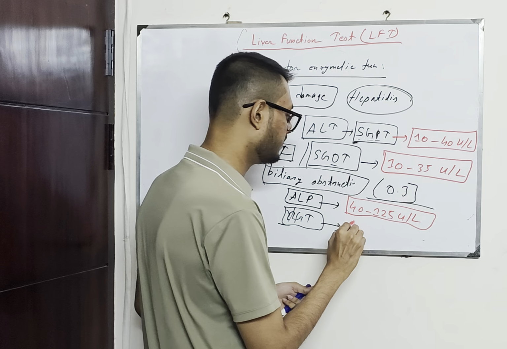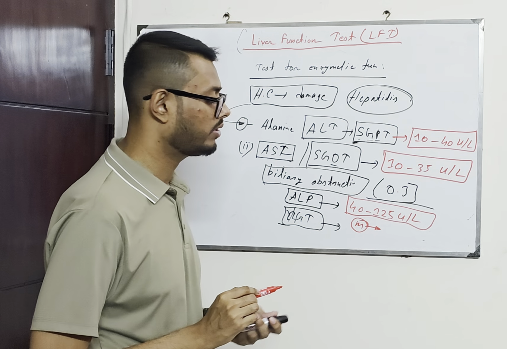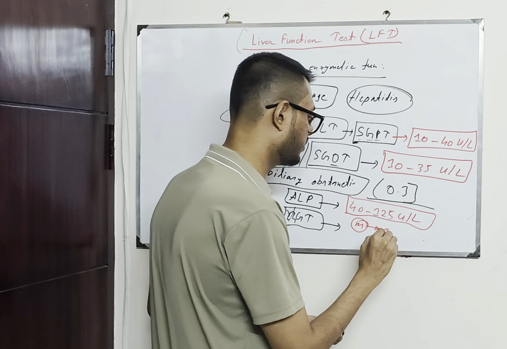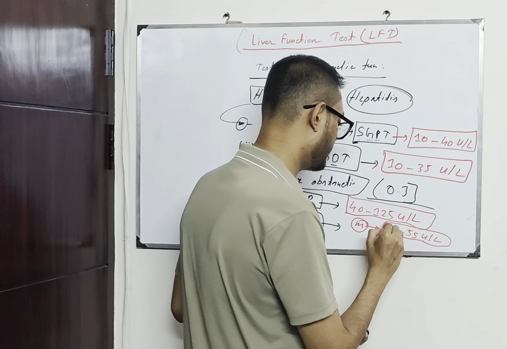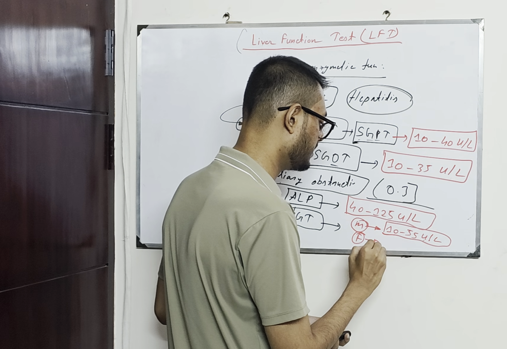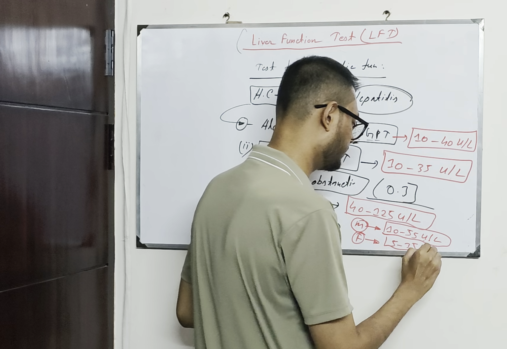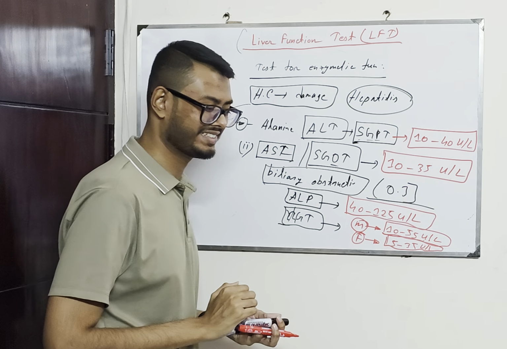In case of male, the normal value is 10 to 55 units per liter, and in case of female, the value is 5 to 35 units per liter. So this is the test for enzymatic function.